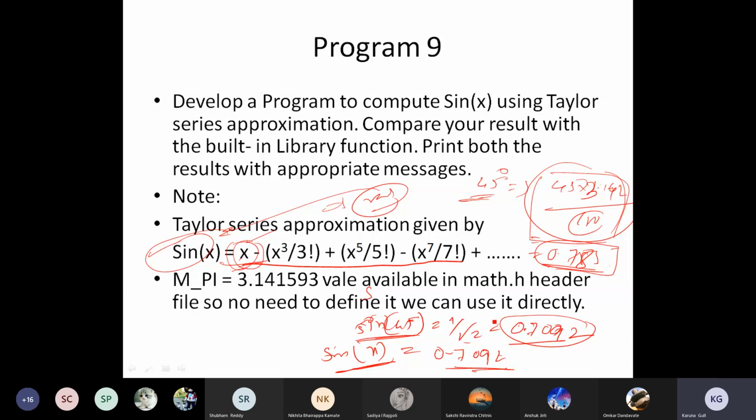Do you feel these two values are almost equal to each other? Yes, ma'am. No. Now look at this. People are talking in terms of points only, so at least 3 to 4 digits should be equal to each other. Then only we say both are equal. If there is no equalness between at least 2 to 3 digits after the decimal point, then we cannot say both are equal.